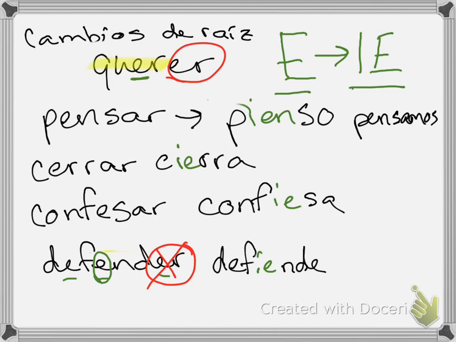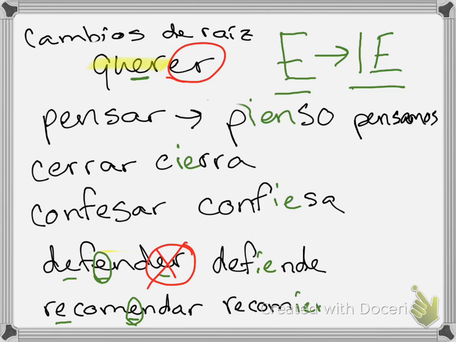Another example of that would be recomendar, right? Recomendar. Okay, once again, we have these two E's. So which one do I do? The one closest to the end. So it would be recomienda. See, recomiendo. All right?